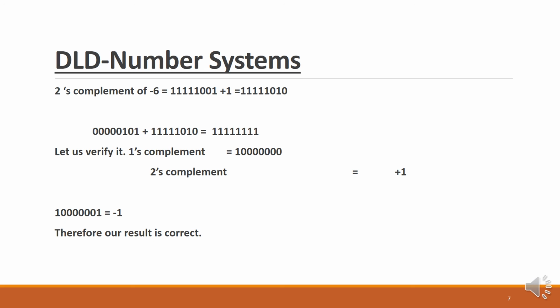So 1 0 0 0 0 0 0 1, in which the first one is the most significant bit, that is basically the sign bit. So we put negative, and then 6 zeros and 1, that is basically 1, because the zeros on the left hand side do not matter. Therefore our result is correct.